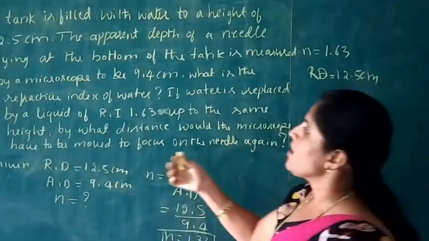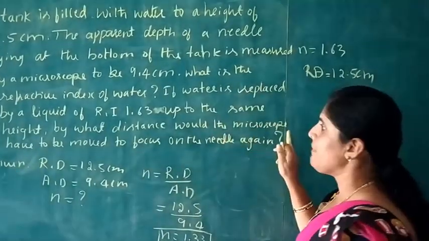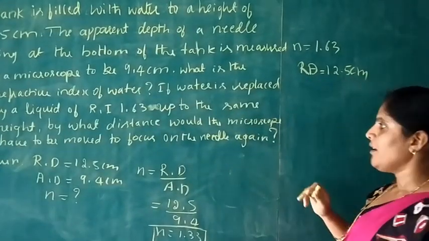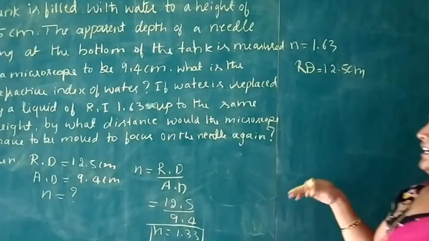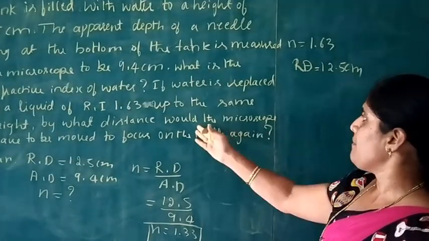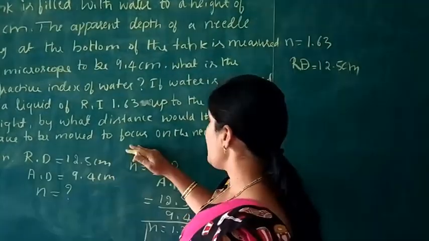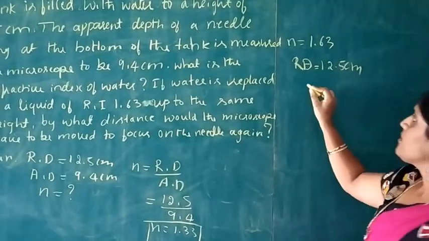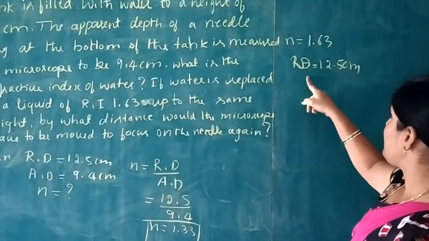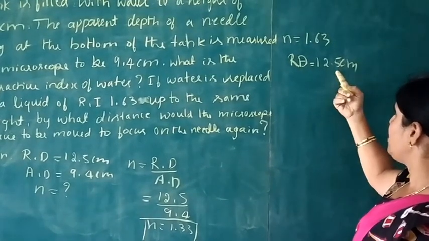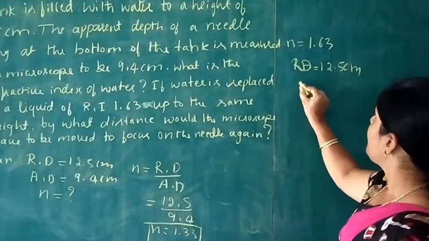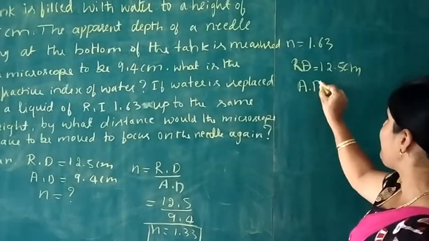Okay. Then by what distance would the microscope have to be moved to focus on the needle again? We calculate at what distance the microscope would have to be moved to focus on the same needle again. So here N is equal to 1.63, real depth is equal to 12.5 centimeter. Then we first calculate the apparent depth.